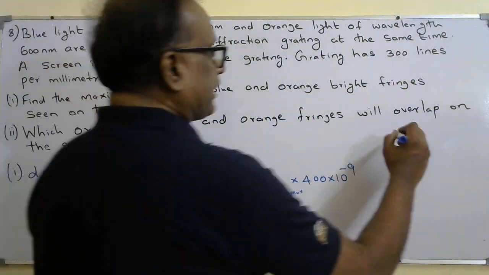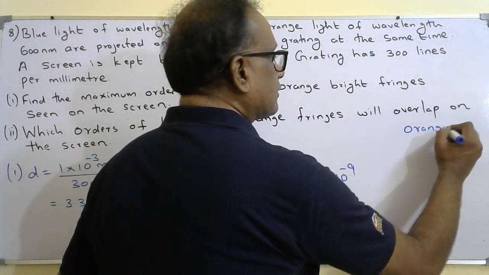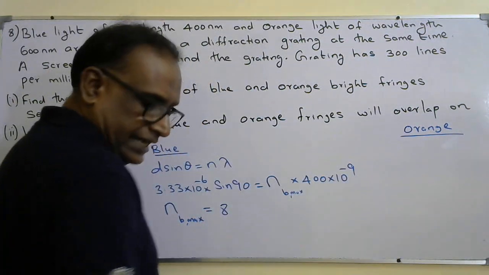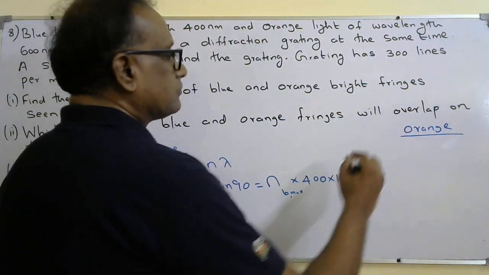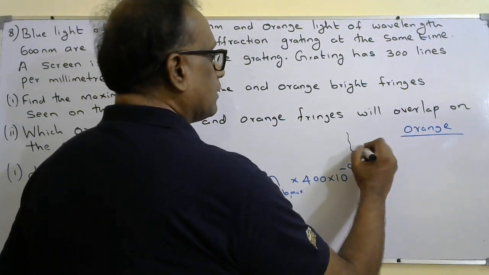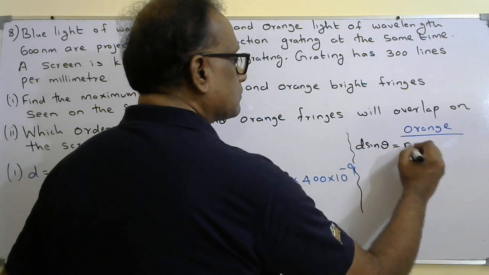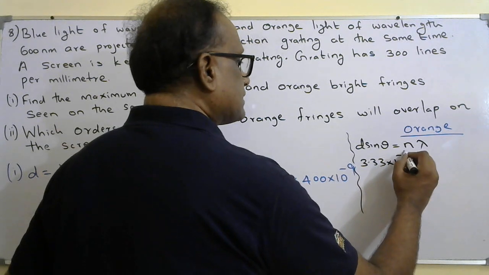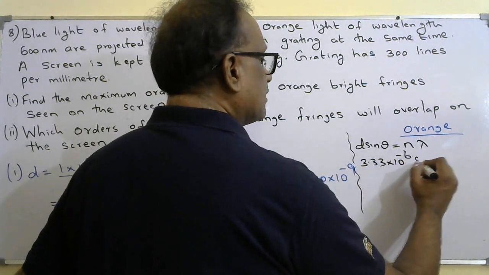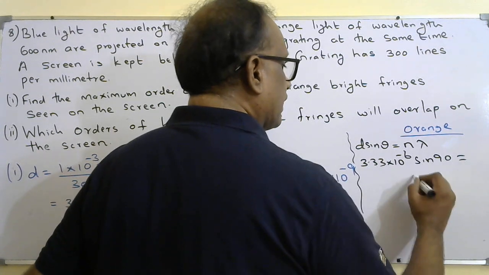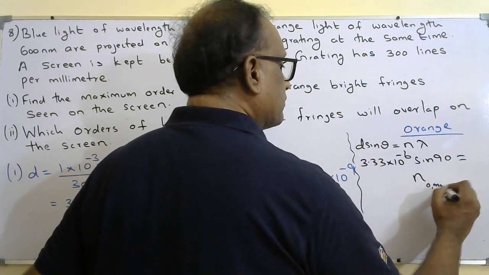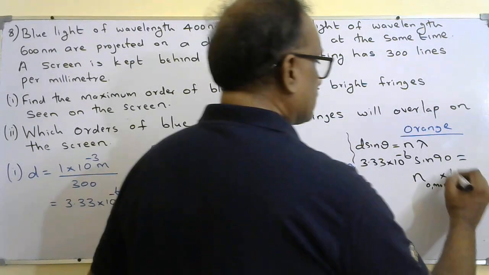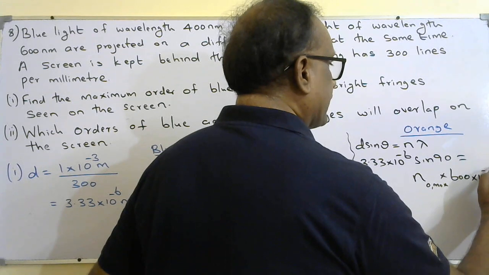Then for orange, the same way, same equation, d sine theta equal n lambda. d is 3.33 times 10 to the power minus 6, sine 90 equal n orange maximum times 600 times 10 to the power minus 9.